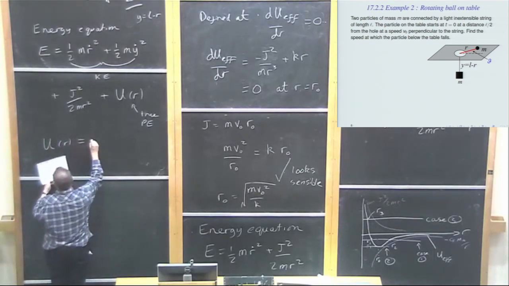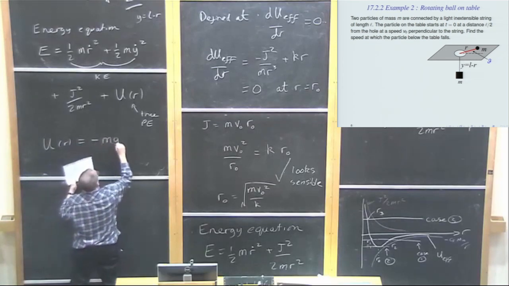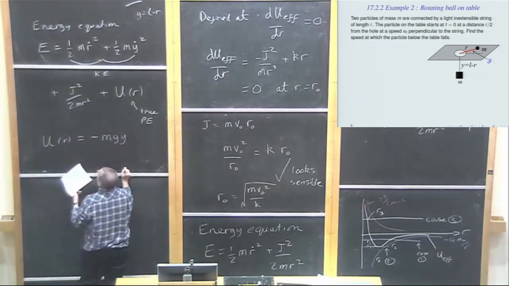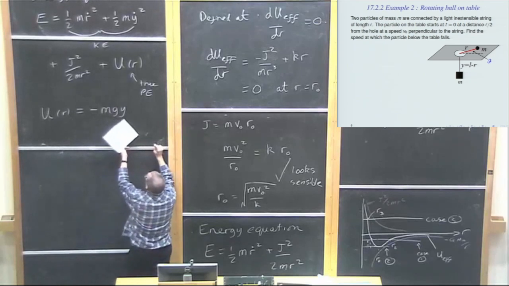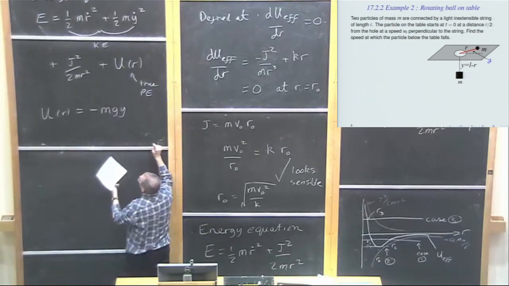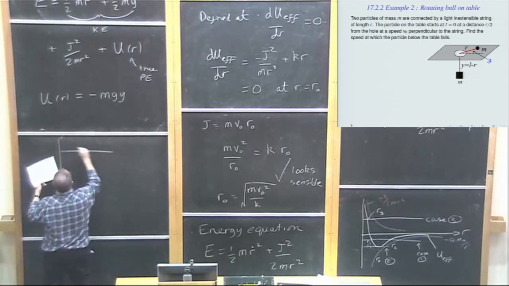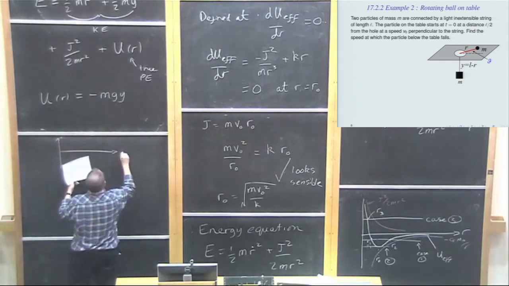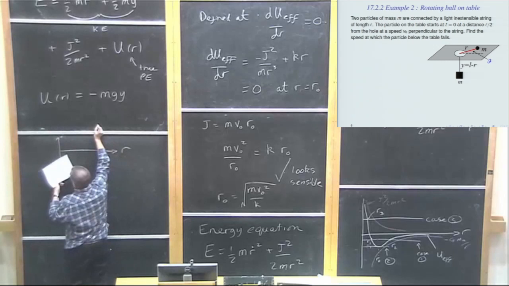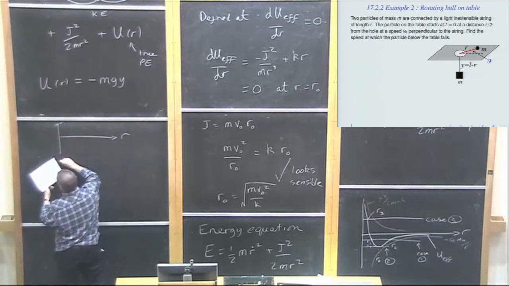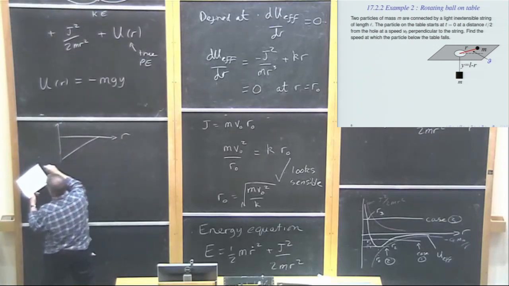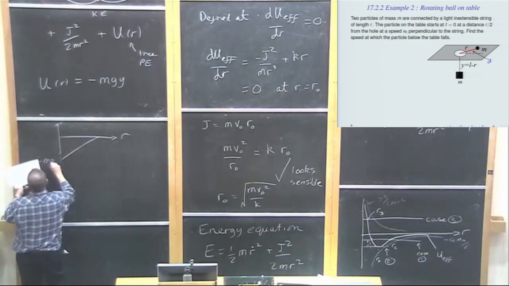So let's say that's minus mgy. So it's just a height times the mass times gravity. Let's just sketch this. So with y defined as I have it, then what we have is minus mgL.